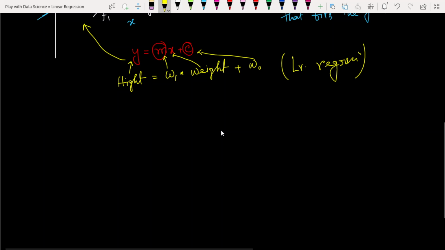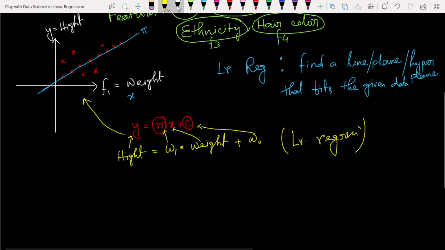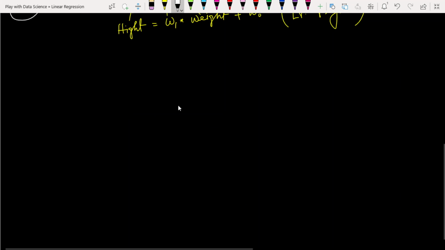Now just see this thing. Here we are just taking this concept in 2D. Okay, just see this thing in 3D. How would it be like?